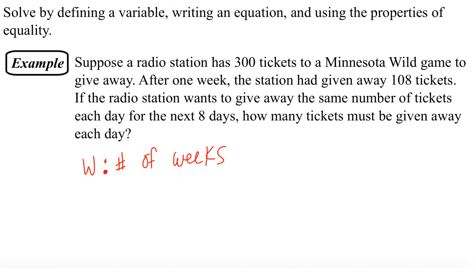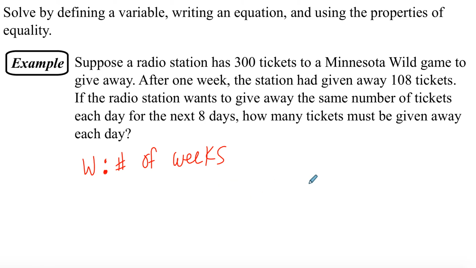So if there's 1 week, then there's 108 tickets given away. So we want to know how many tickets or how many weeks it's going to take. It says if the radio station wants to give away the same number of tickets each day for the next 8 days, how many tickets must they give away each day?